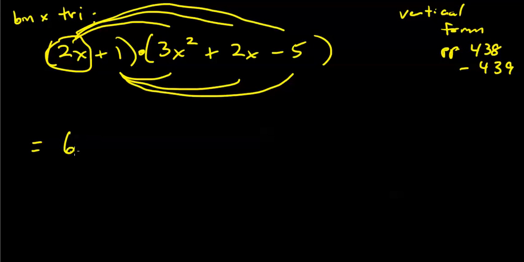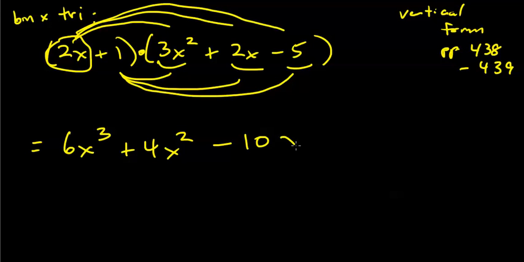So I'll get 6x cubed. And now 2x times 2x is going to be plus 4x squared. And then 2x times minus 5 is going to be minus 10x. That multiplies everything through by 2x.